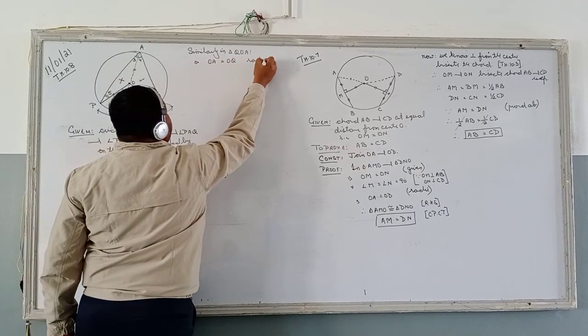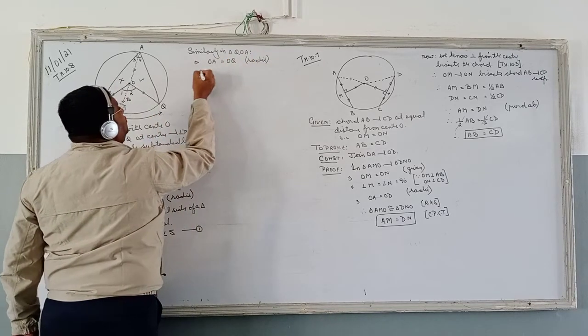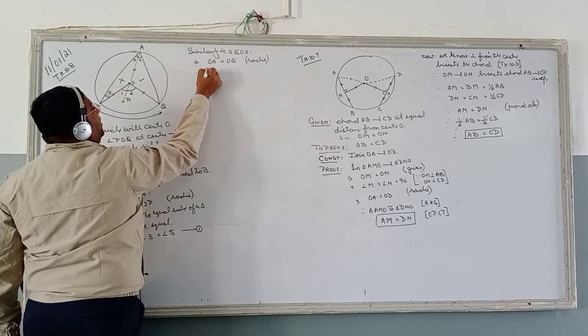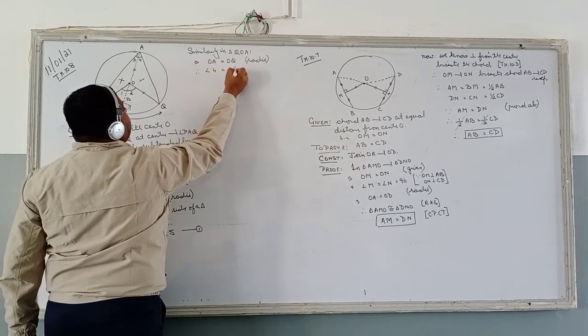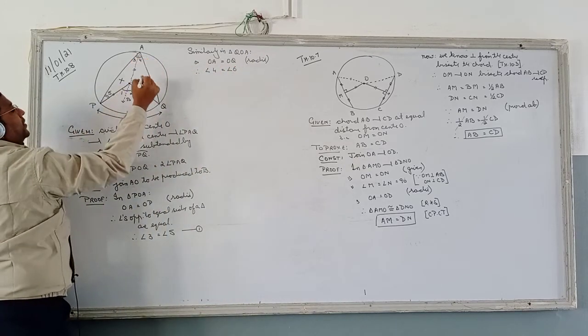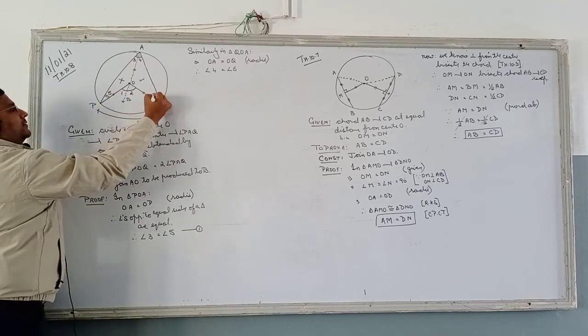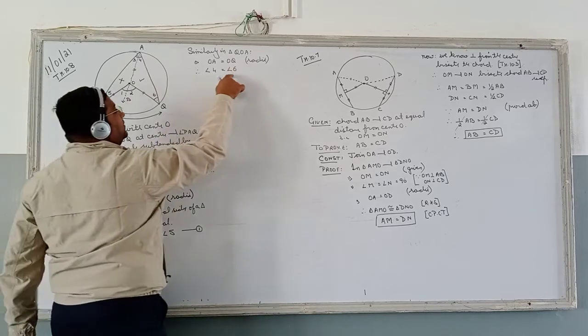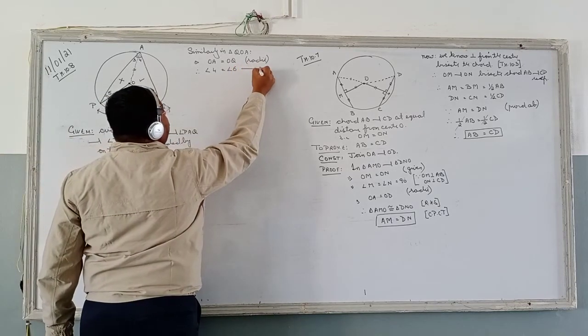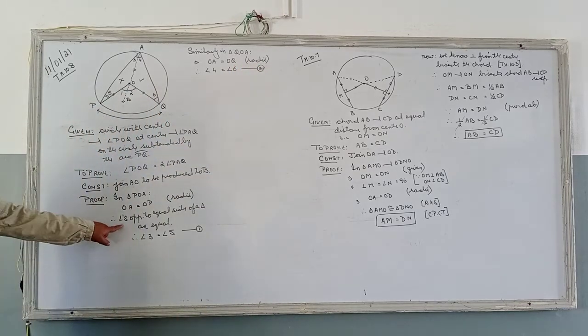Again, the radii of the circle. So therefore, angle number 4 is equal to angle number 6. Angle 4 is equal to angle 6. Equation number second. Reason, same as above: angles opposite to equal sides of a triangle are equal.